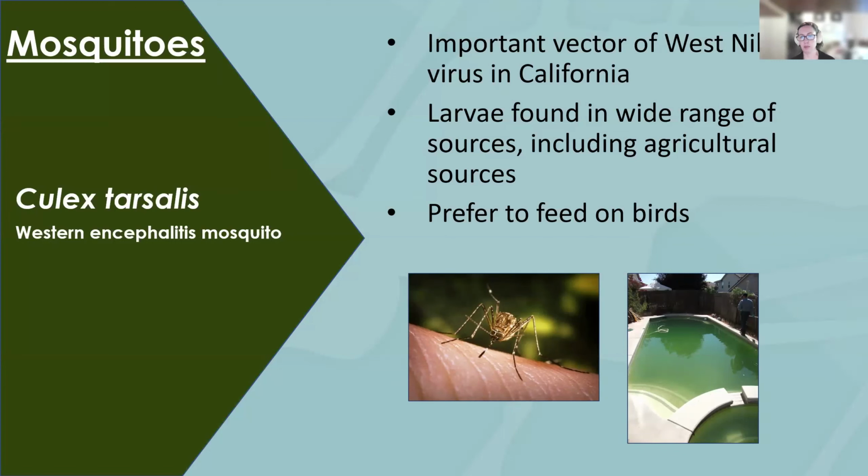Their larvae are able to develop in a wide range of habitats, including green swimming pools, and agricultural sources like rice fields. They tend to like larger bodies of water that have some organic material, but not a heavy, dense organic material. The adults prefer to seek their blood meals from birds, but will bite people given the opportunity.